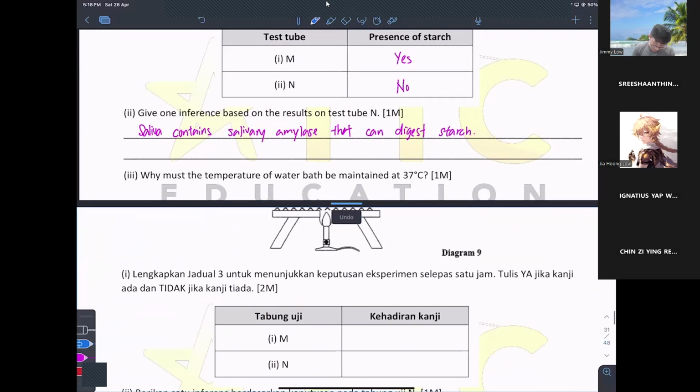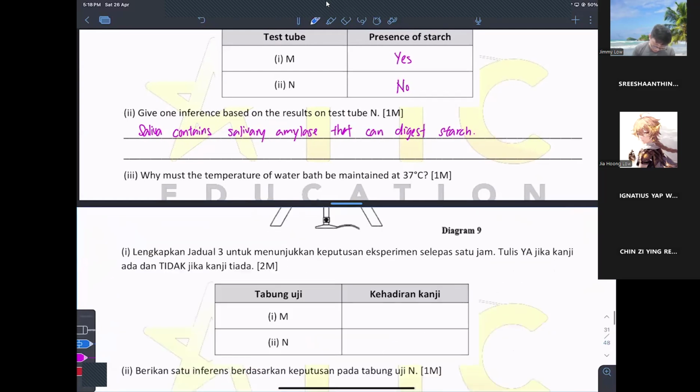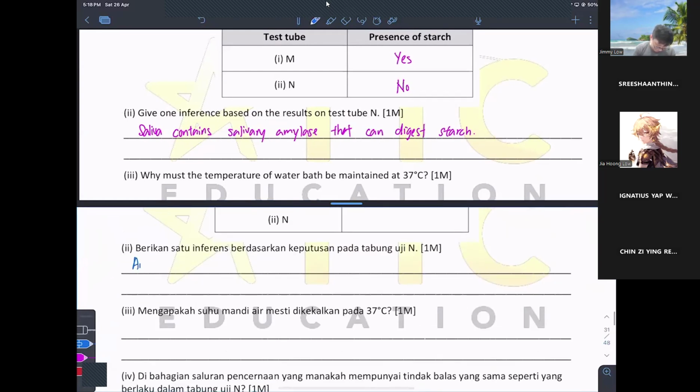Saliva, in the end, called what? Saliva. Oh, I didn't mention. Mempunyai first, then amylase saliva dan dapat mencerna kanji.